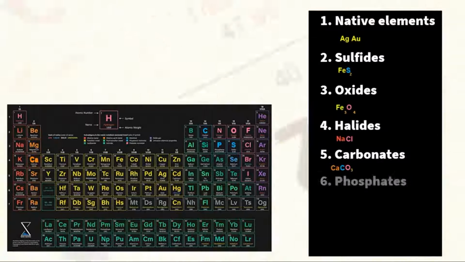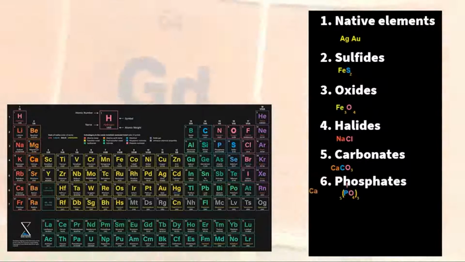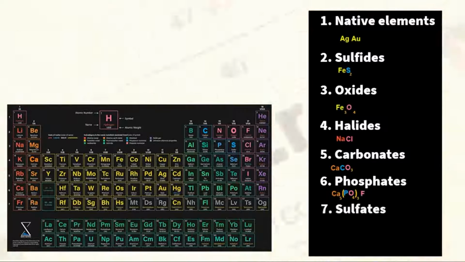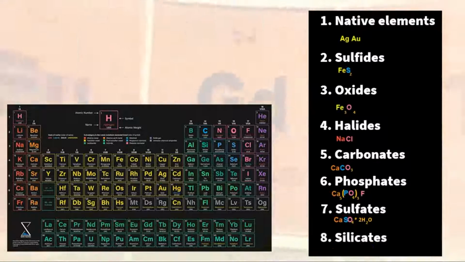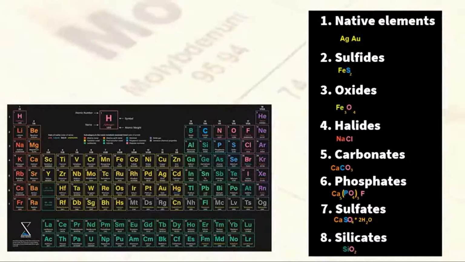The next group are phosphates or minerals with a phosphate radical, like apatite, which is used for fertilizer production. Sulfates has a sulfate radical. An example is gypsum. And the last but not least, silicates, one of the most abundant group, which contains silicon and oxygen in a structure, and an example would be quartz.